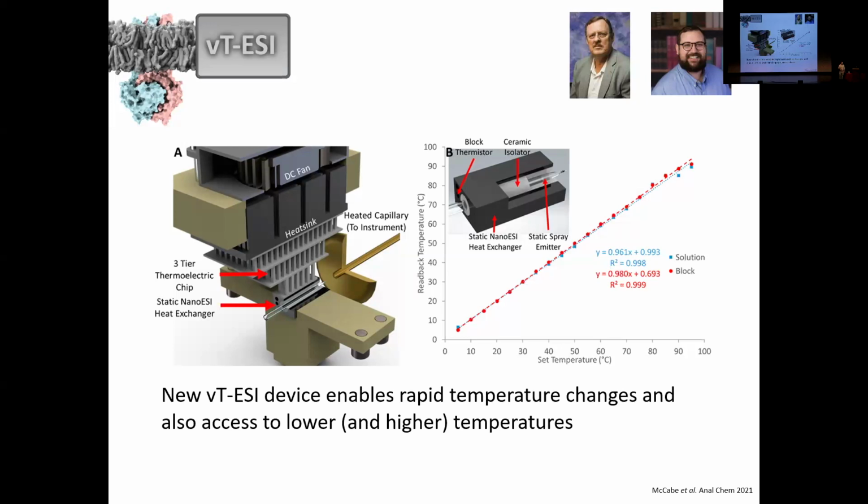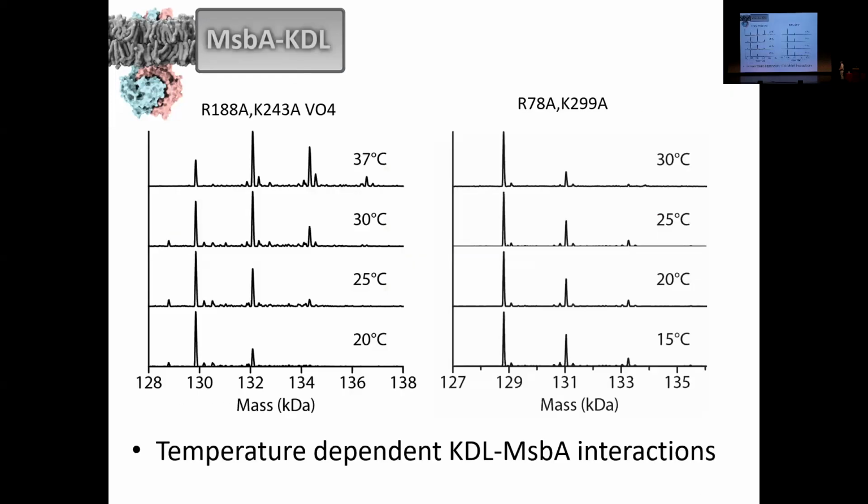If I change temperature, I change the equilibrium position, or that special measure K, and also talk about reaction rates. Here's some examples, right? So here I've got a protein on the left that is binding one lipid, and at low temperatures, 20 C, I see very little binding. If I take that same solution and I just heat it up all the way to 37, you can start to see more binding of that lipid, right?